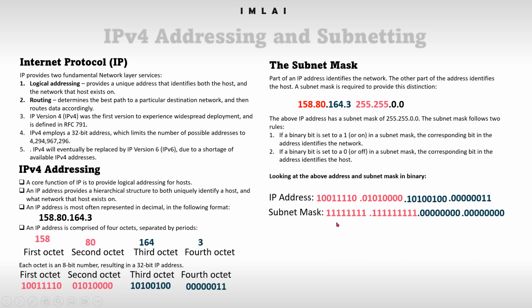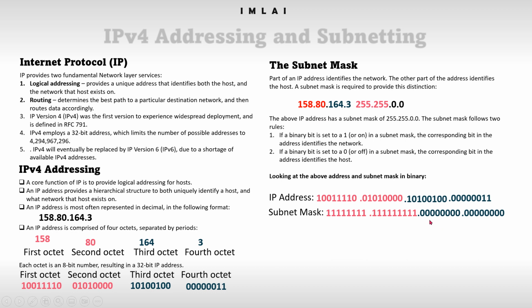The first octet is all ones and the second octet is all ones. So the first 2 octets of the IP address represent the network. So 158.80, these 2 octets represent the network.